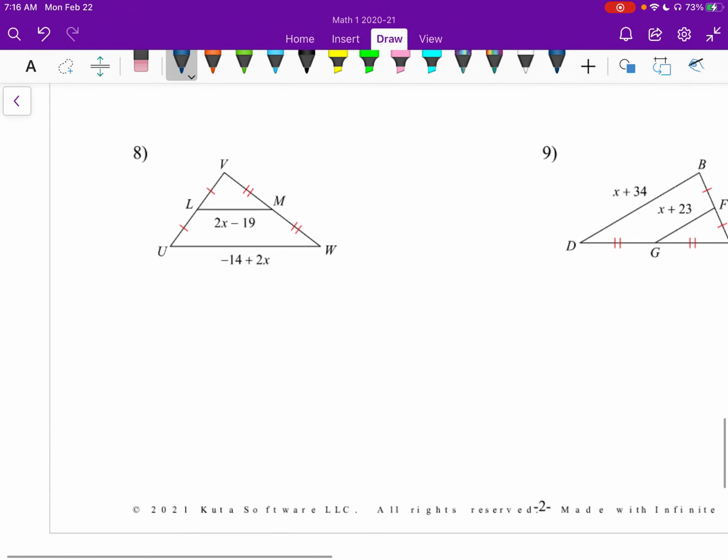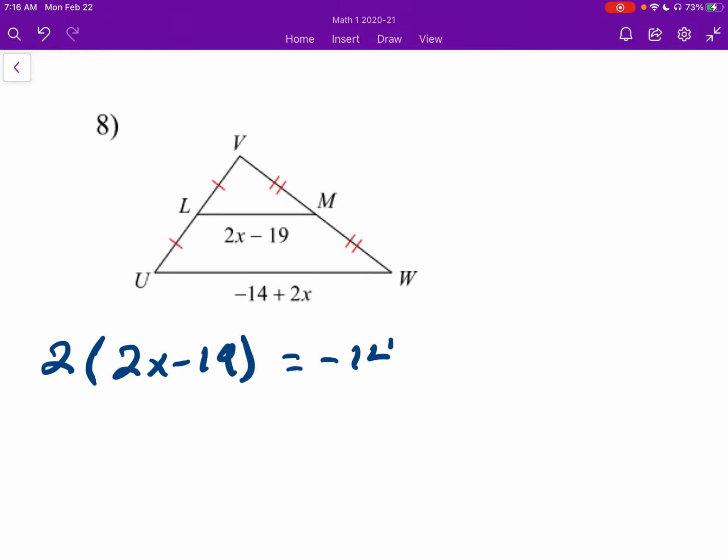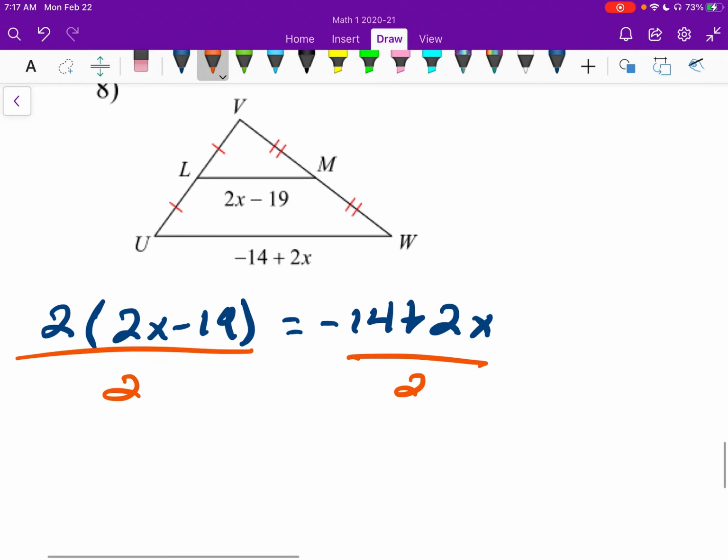Number 8 now. Lots of 8's. I'll have 2 times 2x minus 19 is negative 14 plus 2x. Now, just like I've done in some of the last ones, I'm going to divide by a 2 here. That's because my 14 can divide by 2 to give me a 7, and 2 over 2 gives me 1.